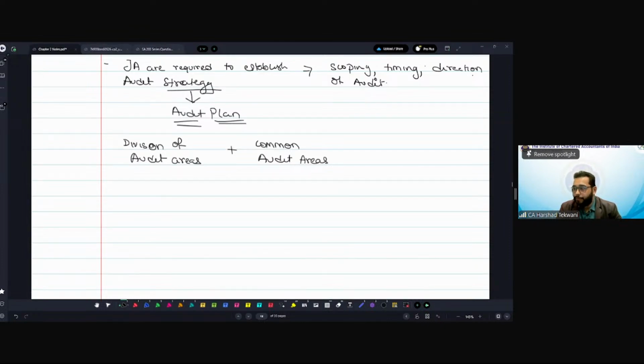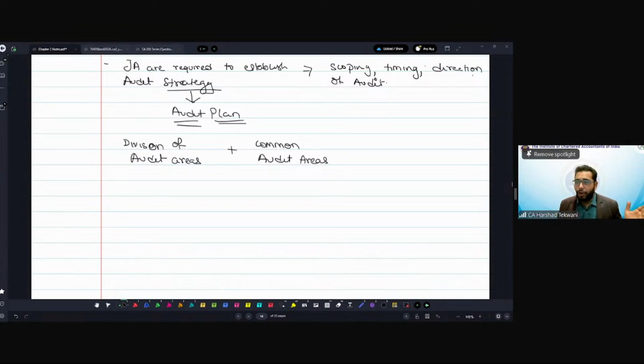Good. So when it comes to communication to the management, two different communications should usually be avoided in respect of the same topic.